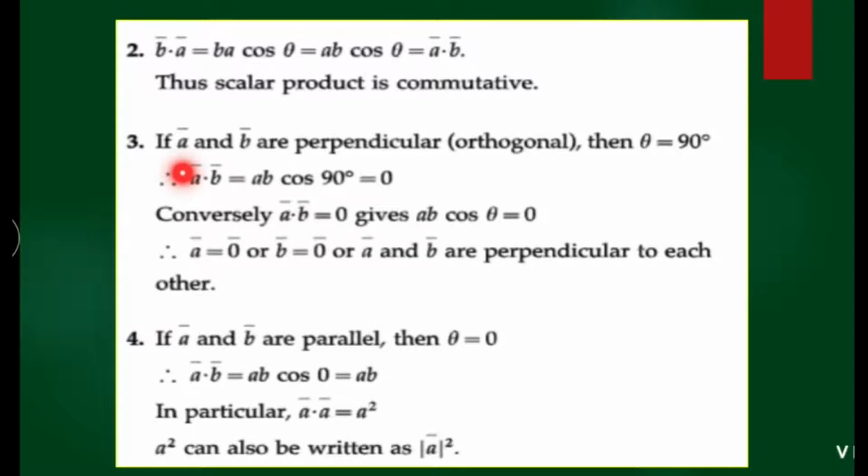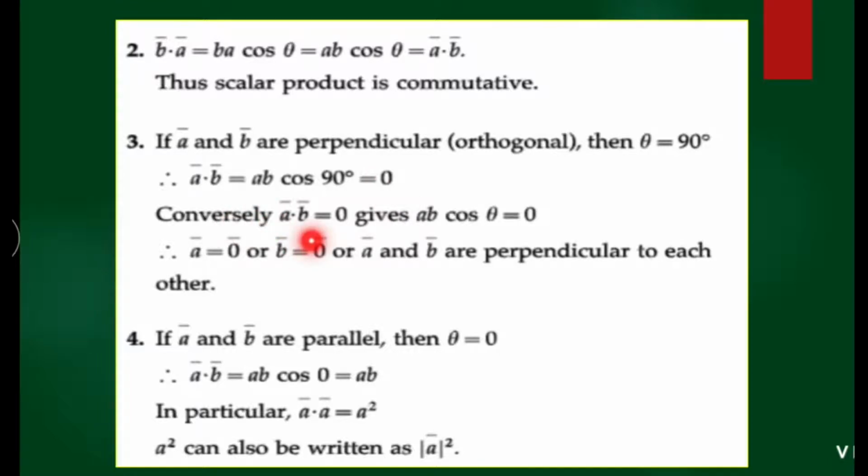If vector A and vector B are perpendicular, for which we use another word, orthogonal, that means when vector A and B are perpendicular, then theta equals 90 degrees. So by the definition of scalar product, A bar dot B bar equals magnitude of A into magnitude of B into cos 90. We know that cos 90 is 0. So the RHS is 0.